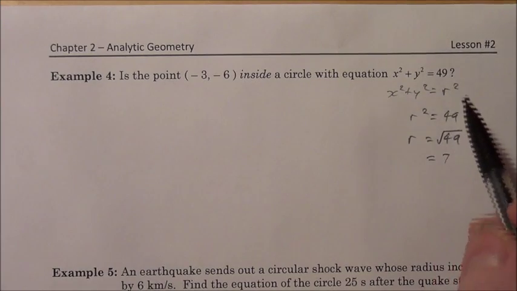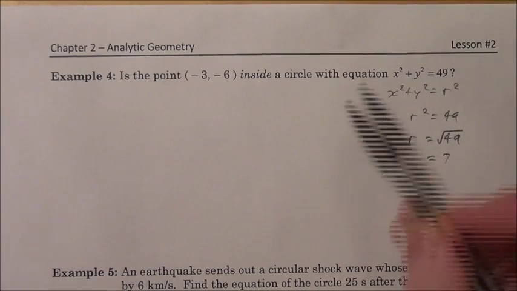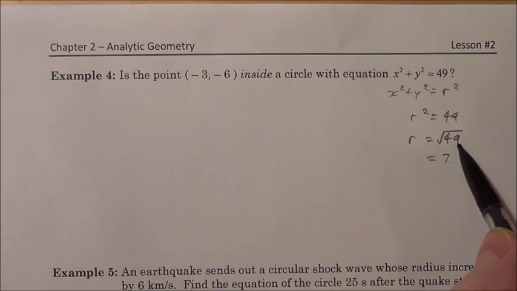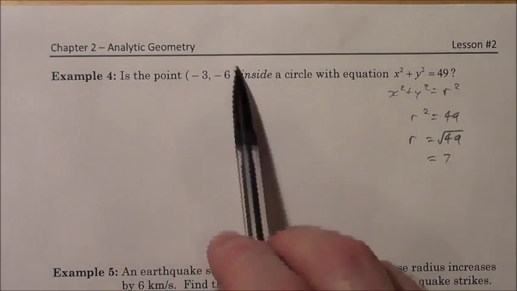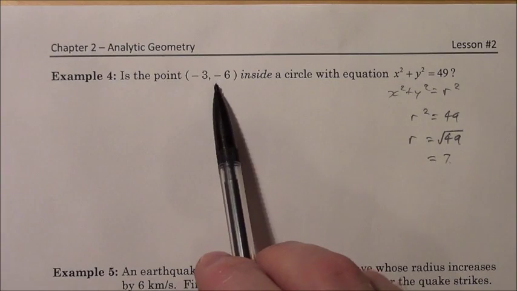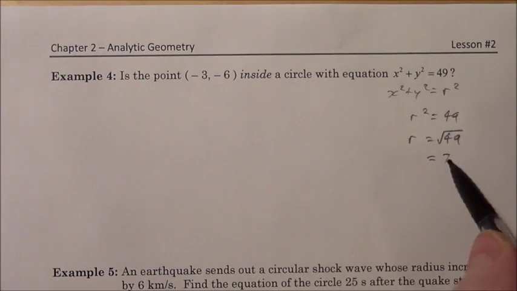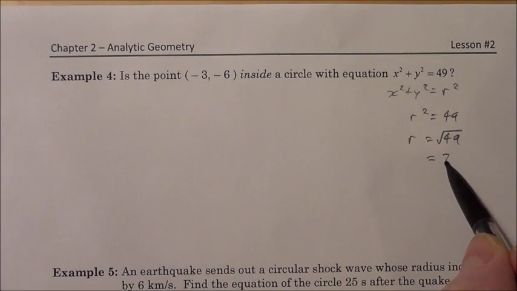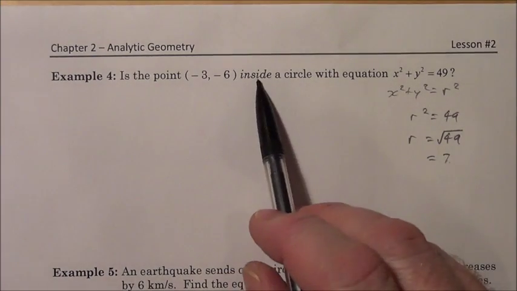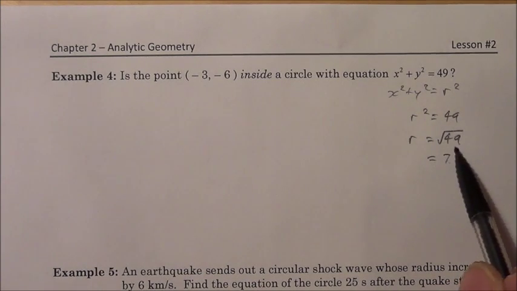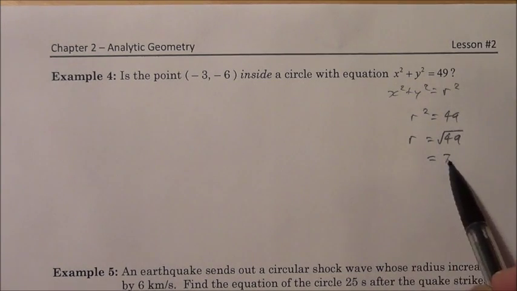So the distance from the origin to the circumference of the circle is 7 units, or root 49. So we want to know, is this point outside or further than 7 units from the origin? Or is this going to be inside the circle, which would be less than the radius of this circle?